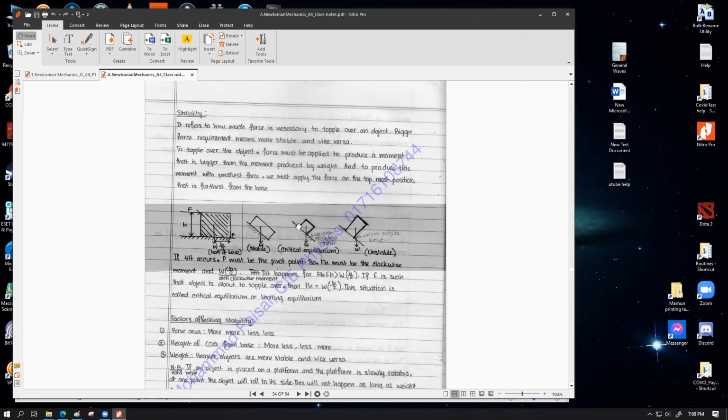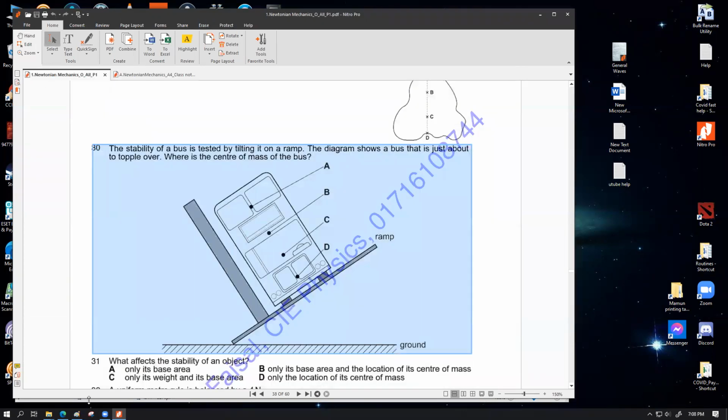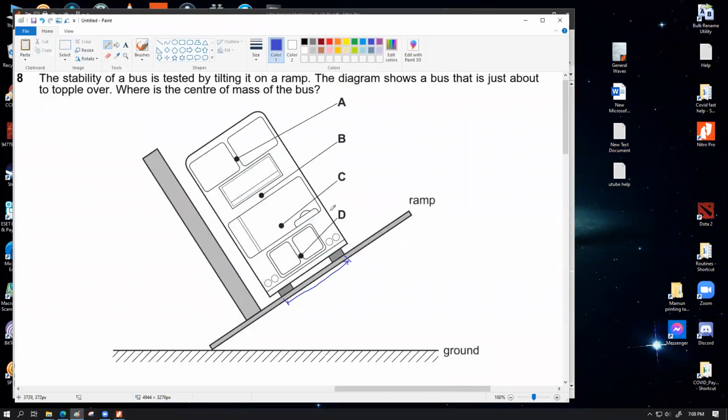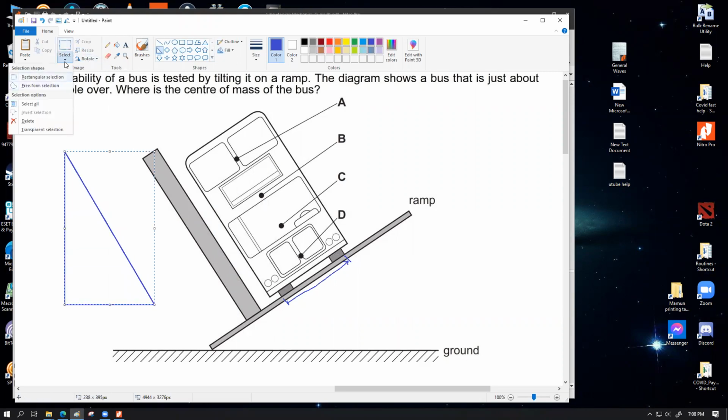So if you remember this figure, we're going to apply the same idea to solve this question right over here, by trying to find the center of gravity of this object by drawing a vertical line from this point. Now, you need to use a protractor, or if you have a set square, it would be easier for you to draw this as well. You can use your set square in this.